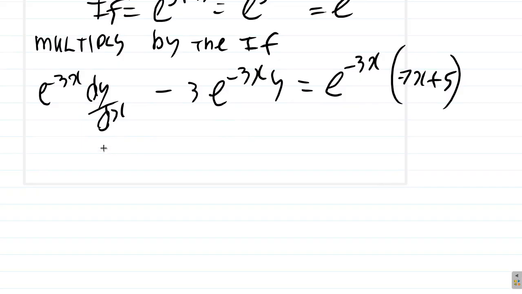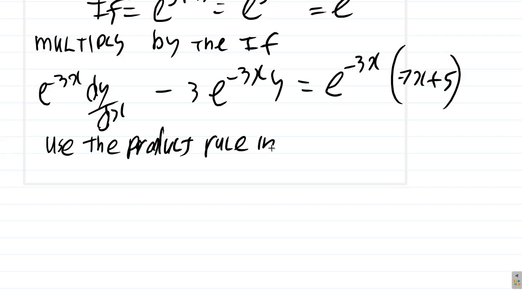Now, what we do is look at this as a result of having differentiated a product of two functions. So we will use the product rule in reverse.